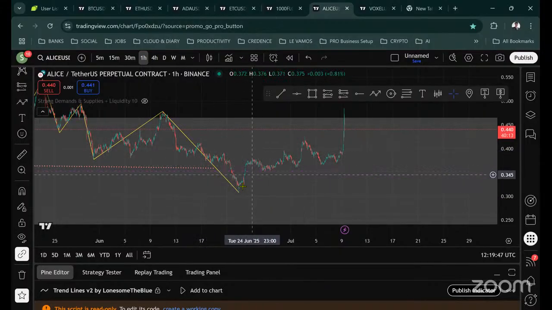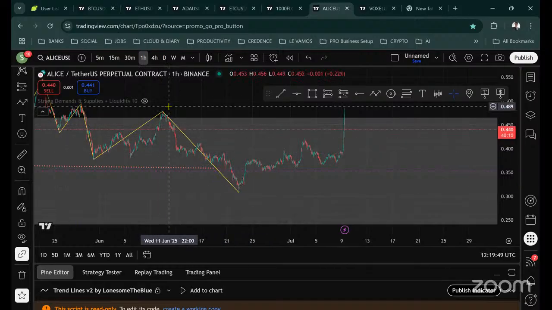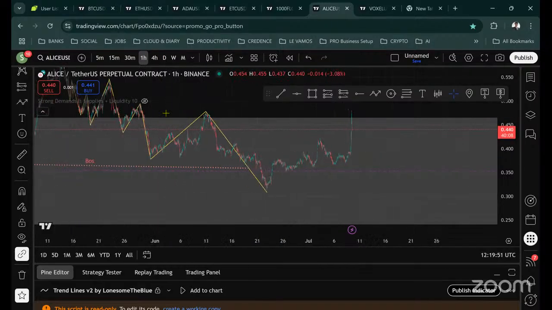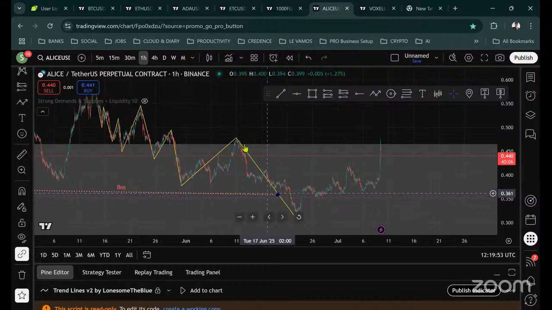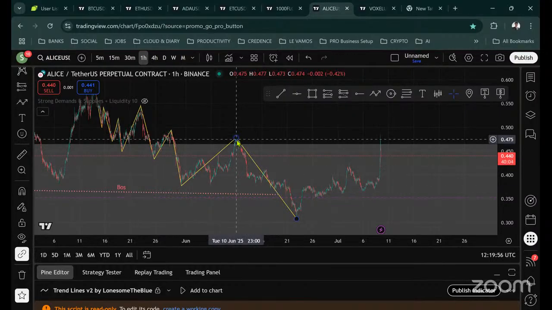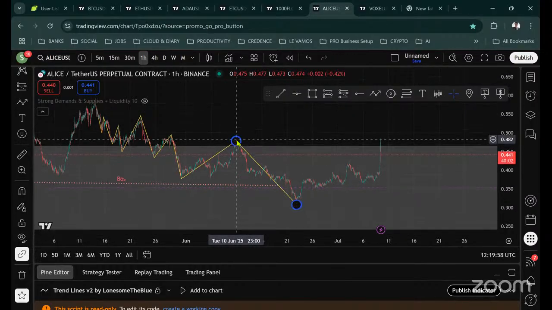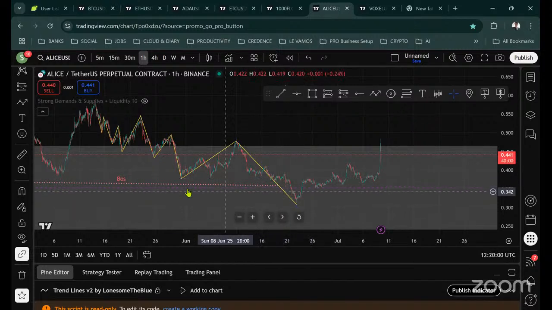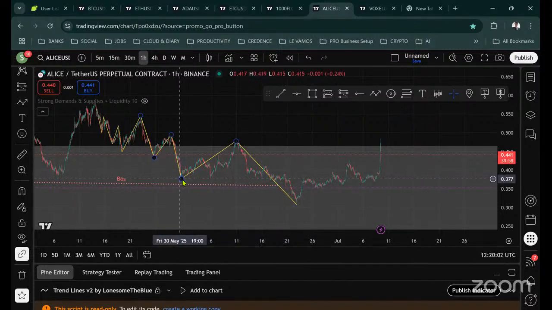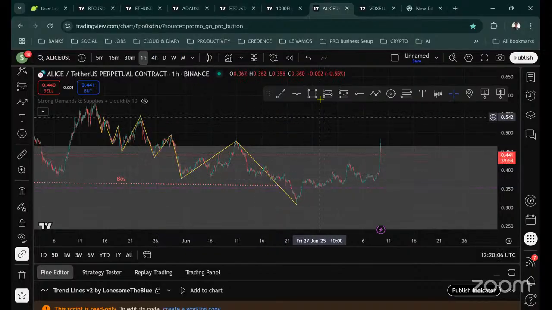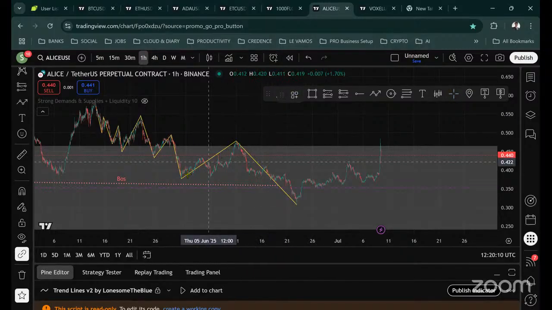Check the last low. No, this last low before this final low point. The last low is this one. If you trace it to the right, you see that after price broke below it, there are still some valid pullbacks.